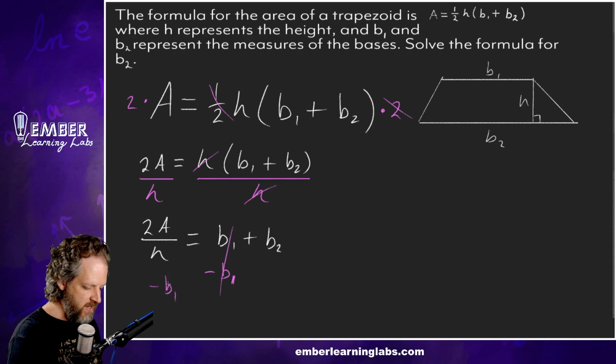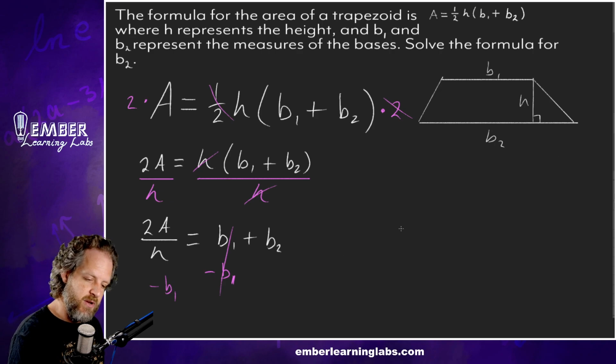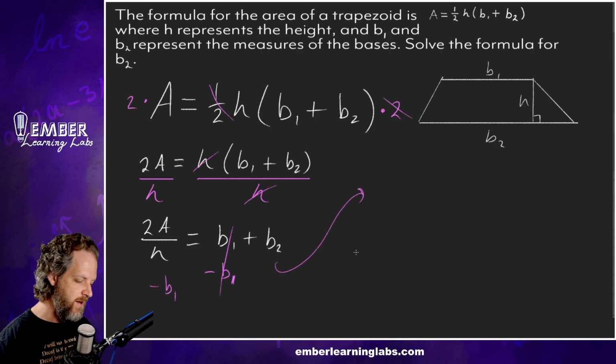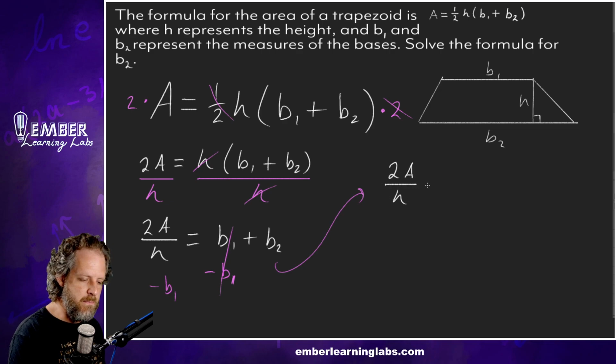Now, over here, this doesn't combine. Those are not like terms, so we just have to write them down next to each other. So I'm going to move this up because I've run out of space here at the bottom. And we're going to write this as 2a over h minus b1 equals b2.